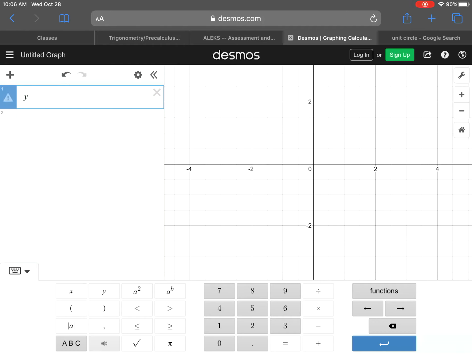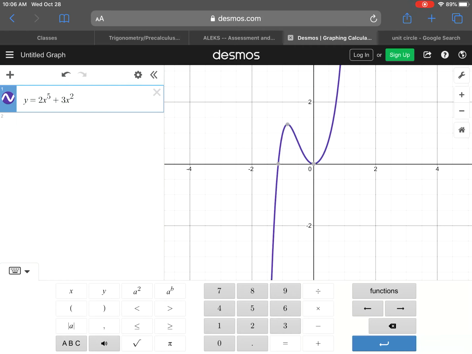So let's graph the first one: 2x to the 5th plus 3x squared minus x minus 1. Okay, so you can see it's pretty squiggly there, right?